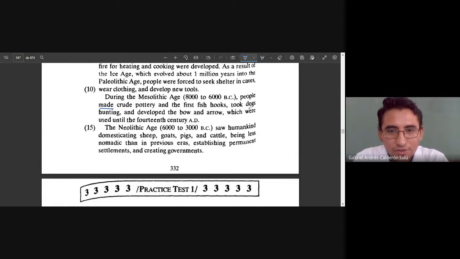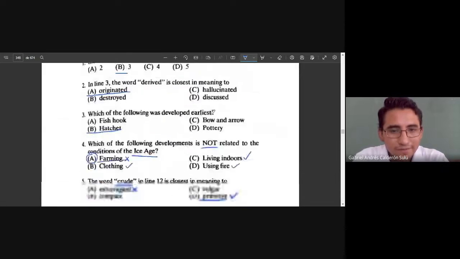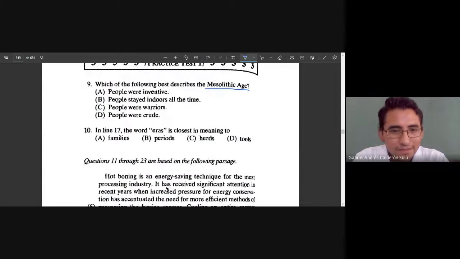Made the first hook, the dogs hunting, developed the bow and arrow weapons. So yes, people were inventive. People stay indoors? No. People were crude? This is only because you see the word crude; it is not the answer. Sometimes TOEFL wants to confuse you and gives you this kind of tricks, but you're more intelligent.